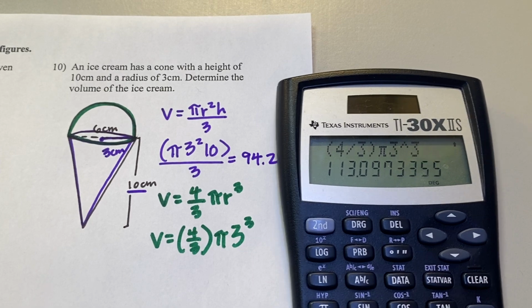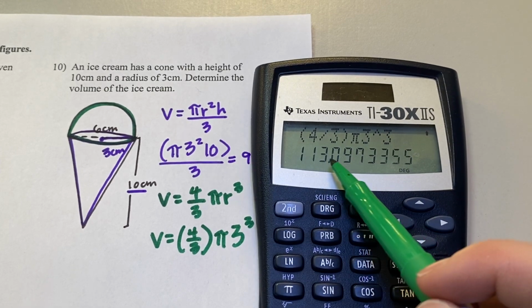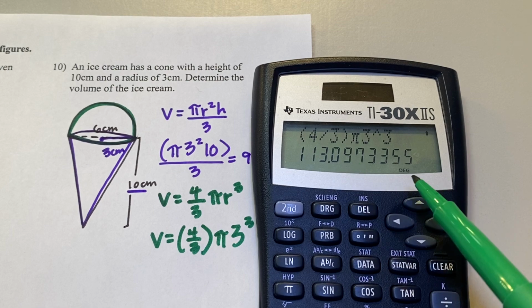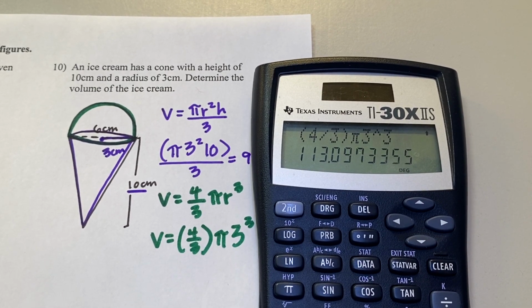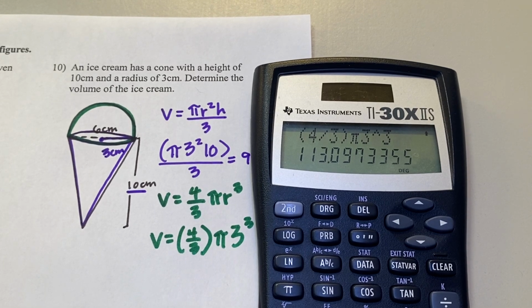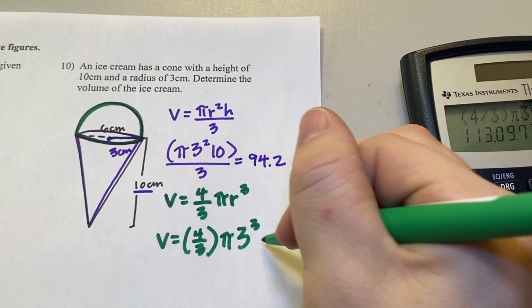So that is the volume. We have 113.1. The 9 is going to bump it up. But that's the volume of the entire sphere. What do we need to do with that entire sphere? Divide it by what? 2. Good job.